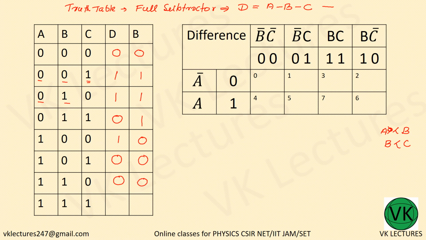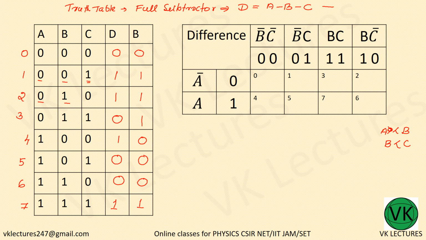And what about 1 1 1? 1 minus 1 is 0, 0 minus 1, so there is a difference, as well as a borrow, because you are subtracting from a lesser value, so there is a requirement of borrowing. Then according to this, you can mark the values 0 1 2 3 4 5 6 and 7.